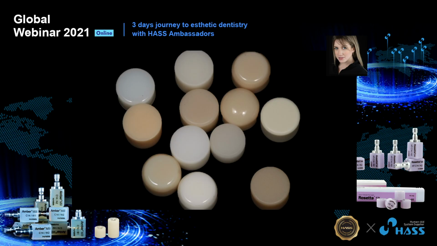LT, low translucency, is like pure dentine. It has high fluorescence. It is ideal for use with the cut-back technique on crowns and veneers. HD, high translucency, is mainly used for staining techniques on monolithic restorations.